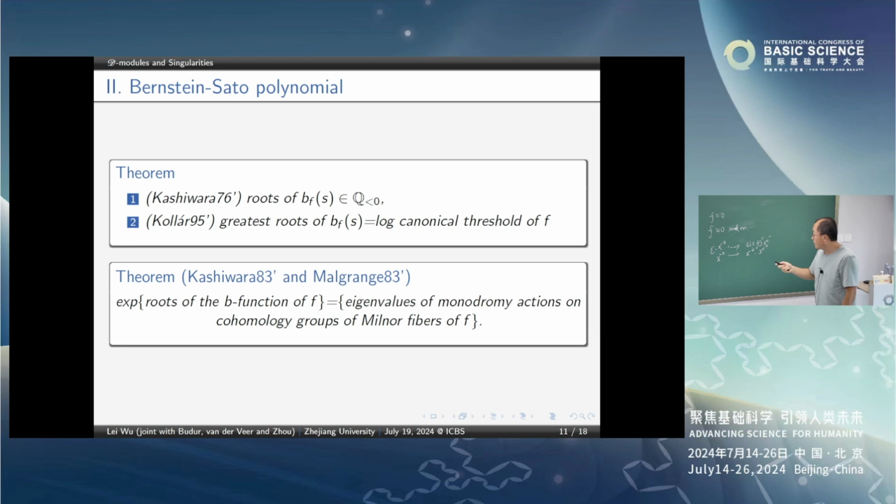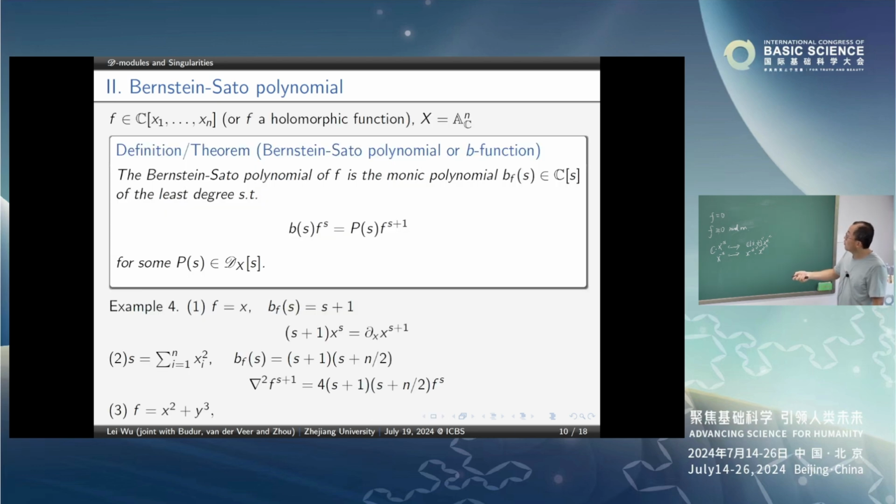Okay, so maybe we could go a little bit further, because this definition is purely algebraic, right? And this D_X is really discrete, right? The S is still discrete, so we can easily make some program to calculate.